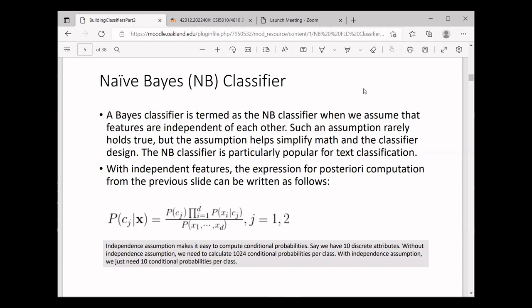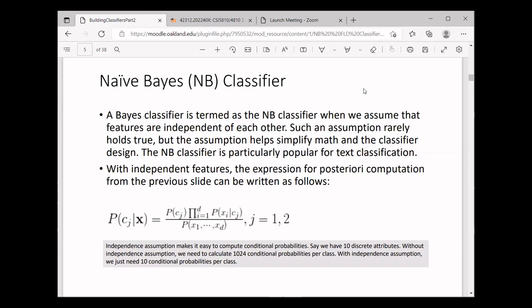That means you can make an assumption and live with that assumption without paying too much penalty for that. So that's why we call it naive Bayesian, because we assume the features are independent.